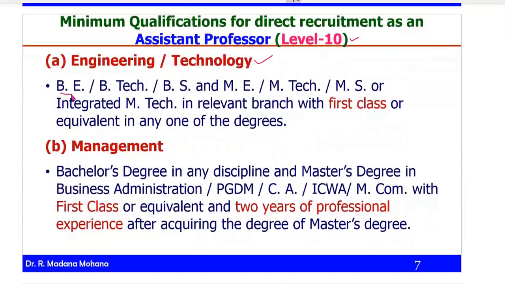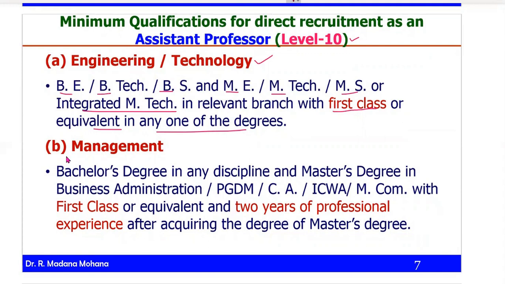So BE or BTech or BS, that is UG degree, and ME or MTech or MS or integrated MTech in relevant branch with first class or equivalent in any one of the degrees. So these are all the basic qualifications for assistant professor entry level, that is level 10 in engineering and technology institutions.